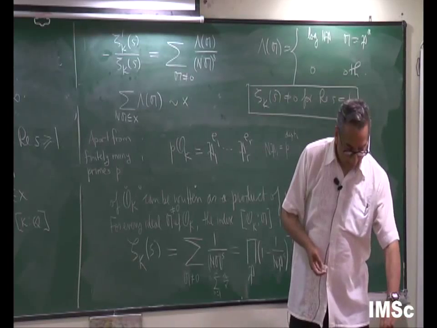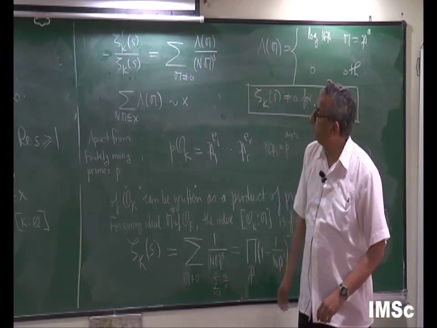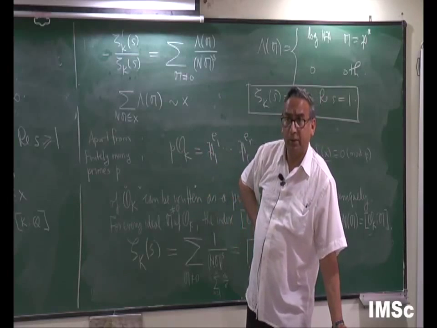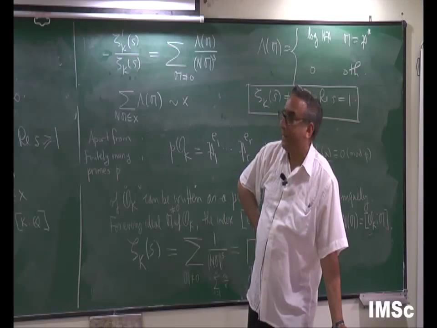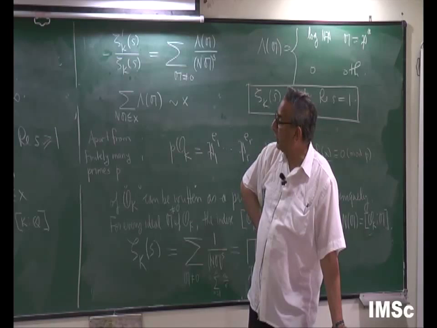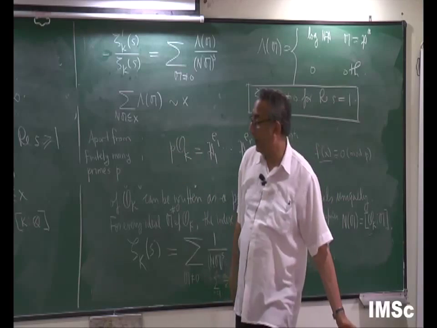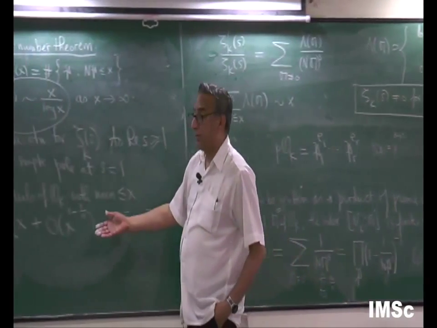Maybe since I've run out of time, I'll stop here. Next time, which is I guess tomorrow and Wednesday, I will continue this framework of thought and describe a more general equidistribution theorem. Here we have a theorem about the distribution of prime ideals.